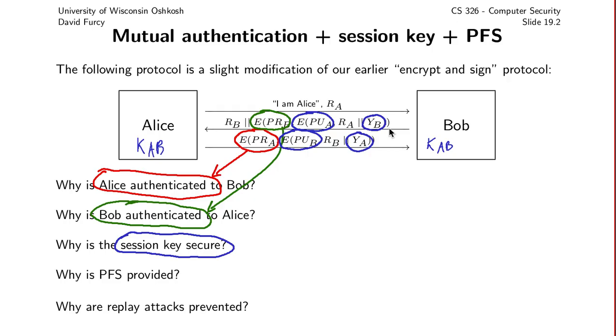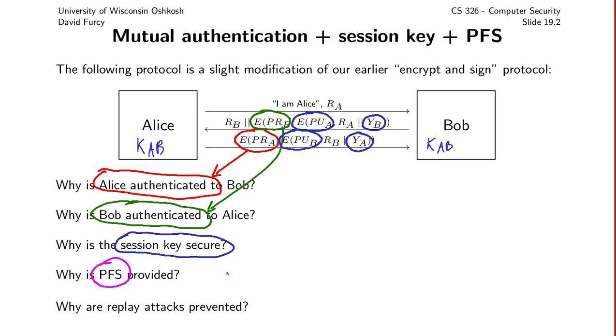Okay, fourth question. Why does this protocol support perfect forward secrecy? Well, the reason is the same as before. This is a Diffie-Hellman, authenticated Diffie-Hellman algorithm.